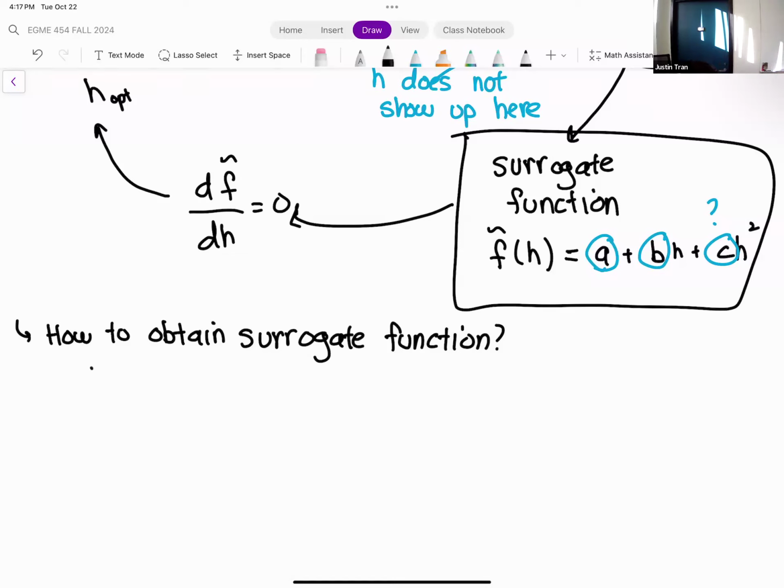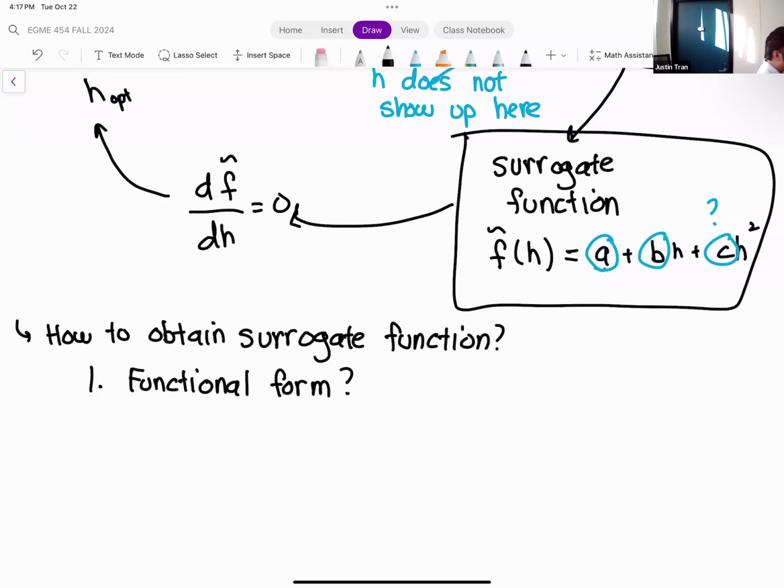The first step is you need to decide what form your surrogate function is going to take. You need to decide whether you're going to have a linear function, a quadratic function, a cubic function, a sinusoidal function, an exponential decay function, or an exponential growth function.